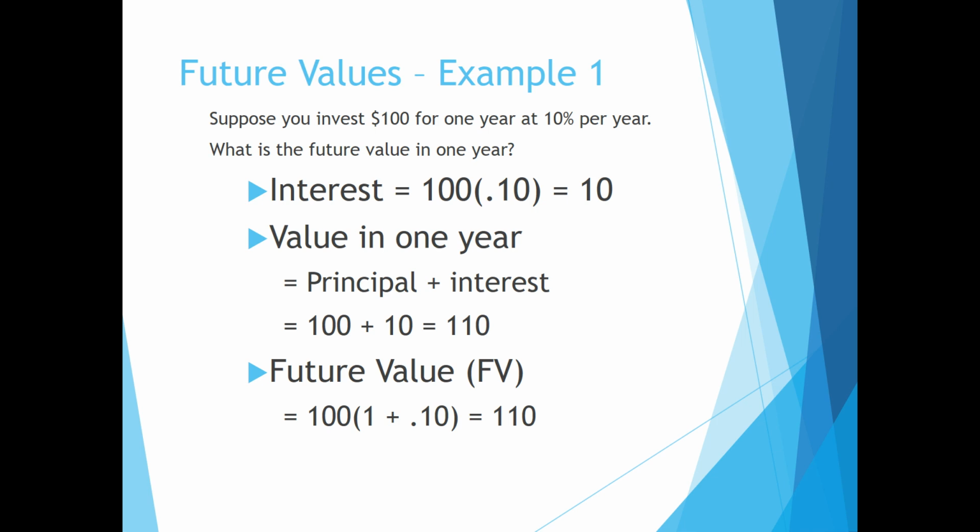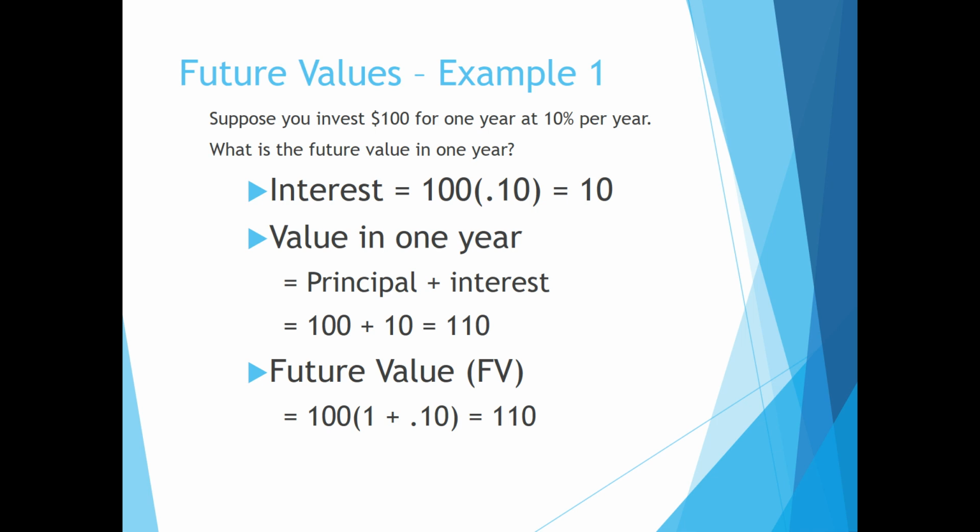Let's look at an example. Suppose you have $100 for 1 year at 10% per year. What is the future value in 1 year? The simple interest would be 100 times 10% times 1 year. So you would earn $10 and you would have 110 at the end of that first year.